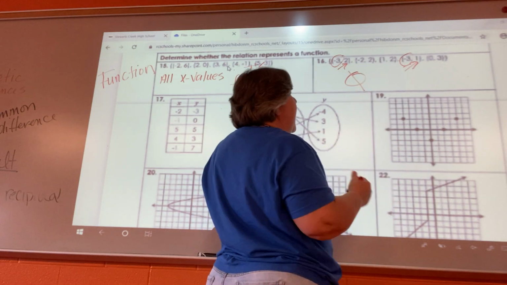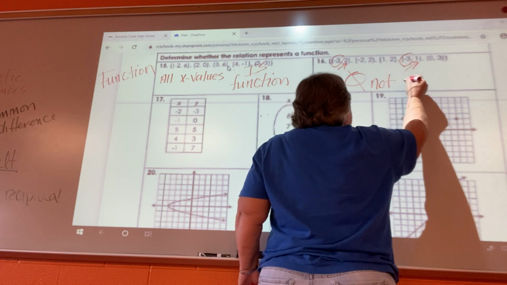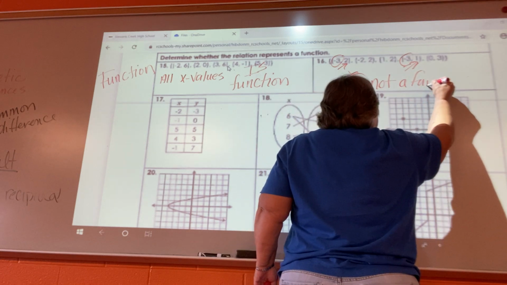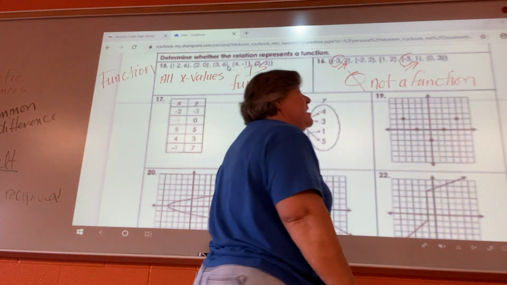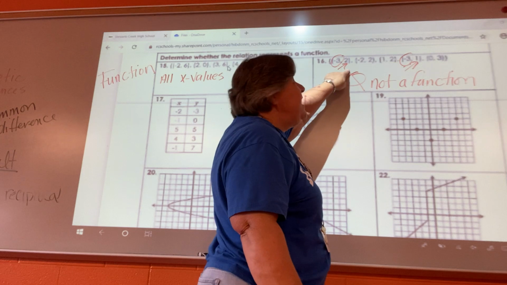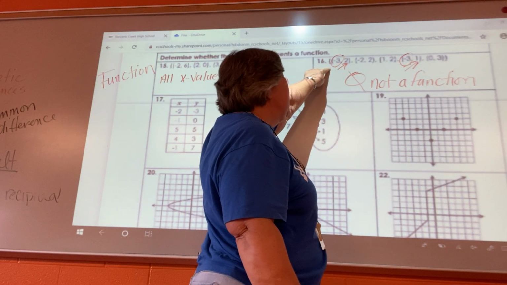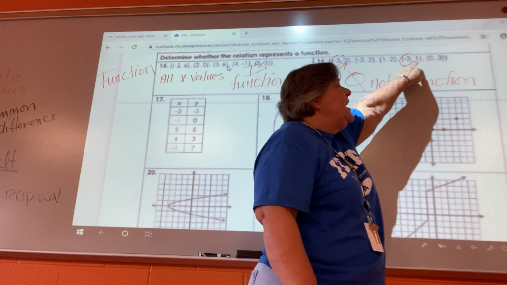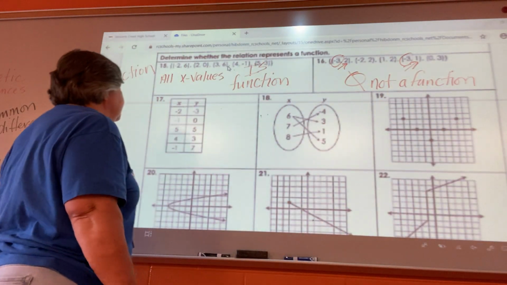So it's not a function. Why? Because the input doesn't have one and only one output. This input, -3, has an output of 2 and an output of 1. So it's not a function.